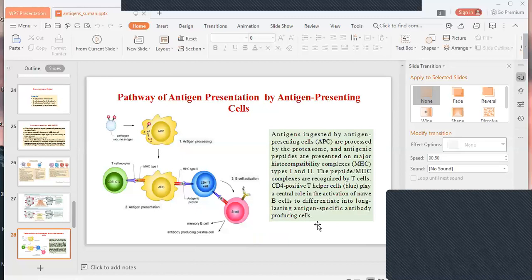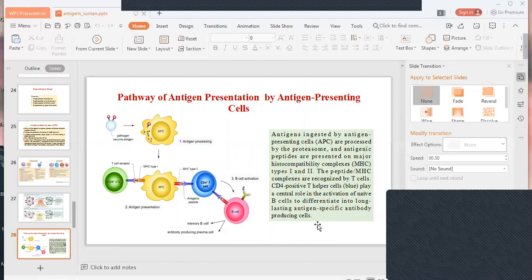So how are they processing the antigen? What is the pathway of antigen presentation by the antigen presenting cells? First, the pathogen or the antigen will be recognized by the antigen presenting cells via pattern recognition receptors.